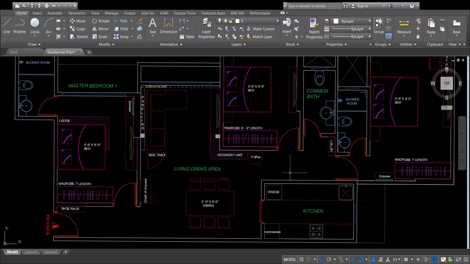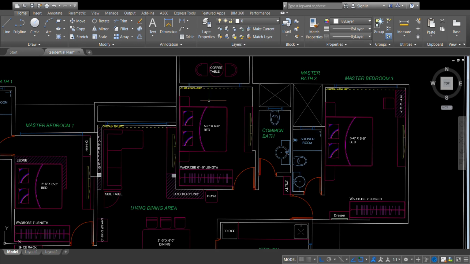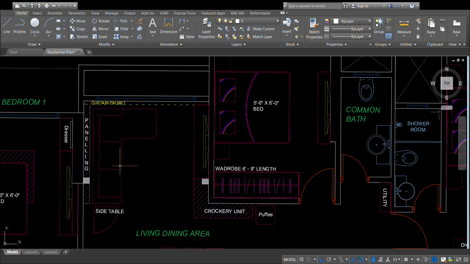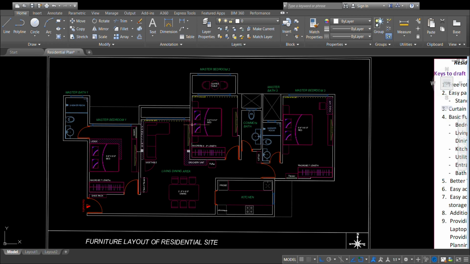You can always add these in corners or the passages, and that will enhance your layout. And the floor carpets, you can always indicate a floor carpet even below the beds, the center table, side table, the living area. So indicating carpets is also a part of the layout, so you can always do that.